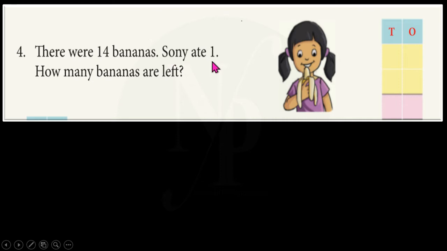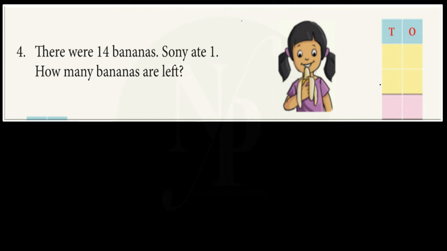What is 1 less than 14? Yes, 1 less than 14 is 13. Let us write down these numbers and subtract 1 from 14, and check whether we get 13 or not. So here, let's write down the numbers in the table and we will subtract.